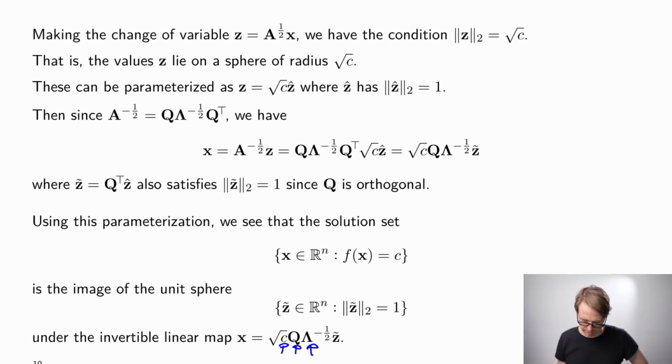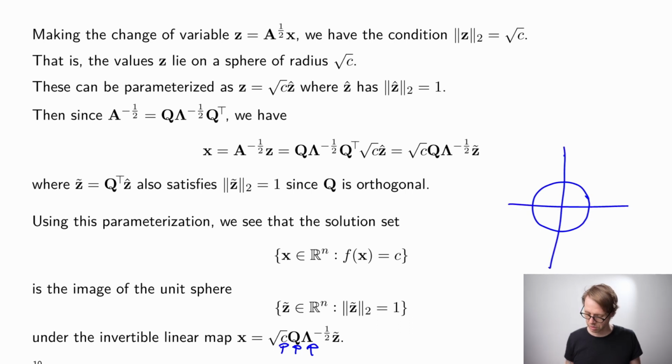So this means we are first starting out with the unit sphere. So these are our z tilde. So the circle is the set of all of these unit norm vectors. Then we are multiplying this by some matrix lambda to the minus 1/2.